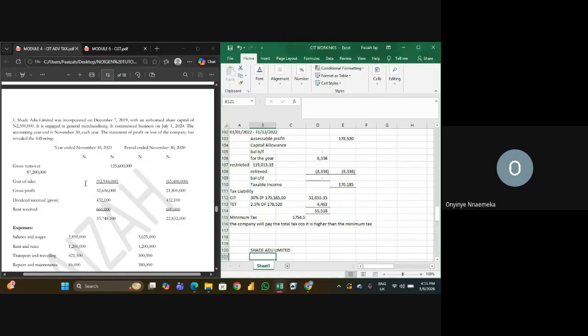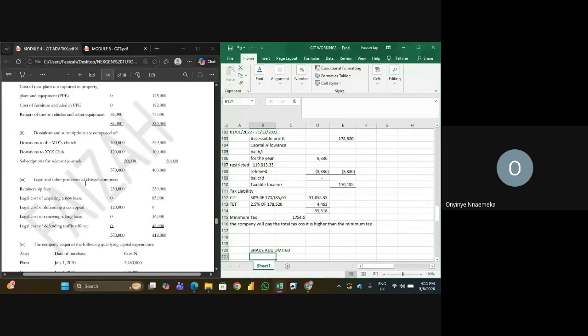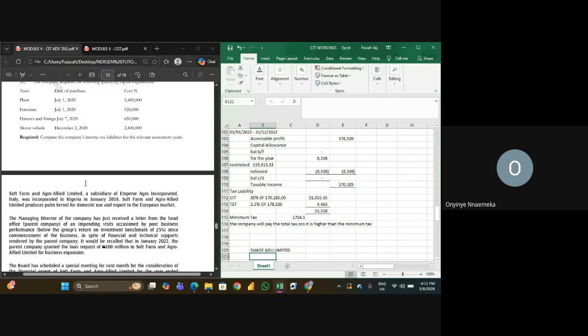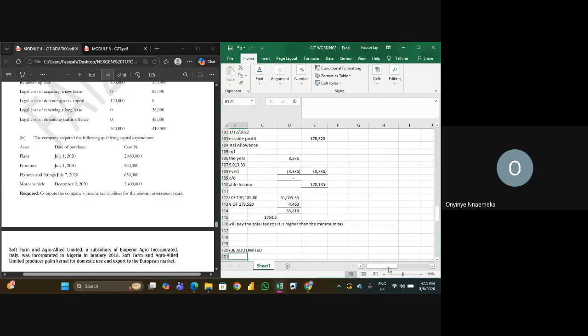So we have the gross turnover, the expenses, additional information, and the capital expenditure acquired. Compute the company income tax liability for the relevant years of assessment. That's quite simple. First, we need to do the capital allowance.